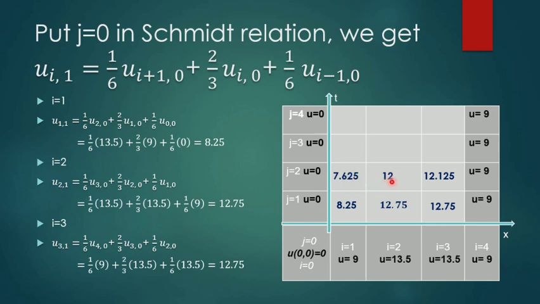So from these three values, you substitute in the formula and get this value of u. Similarly, the next value is obtained as 11.292, 11.583, and the next row is found using these values of u in this row.